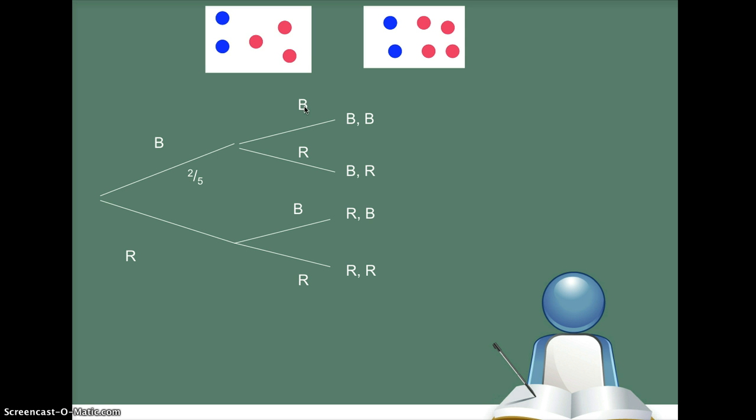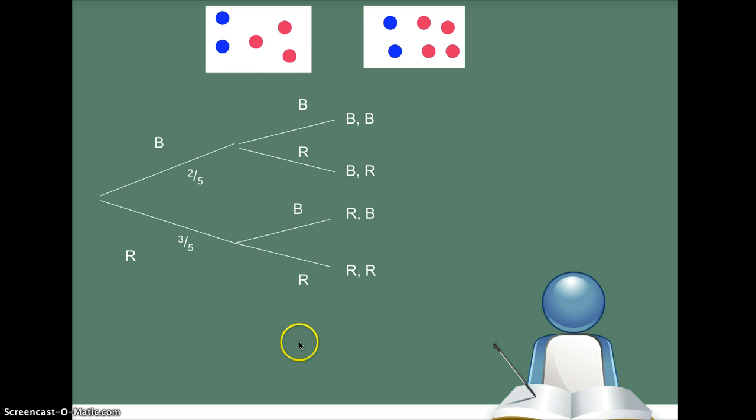For blue, the first bag, the probability for getting a blue is 2/5 because there are 2 blues in the bag and there are 5 counters in total, so 2/5. Now for the red, there are 3 red, so that will be 3 on top, and there are 5 counters in that bag, so 3/5.